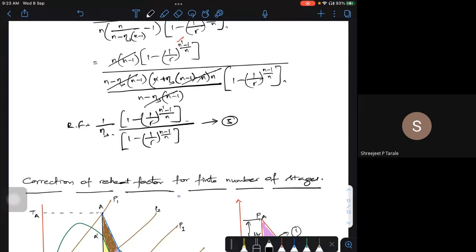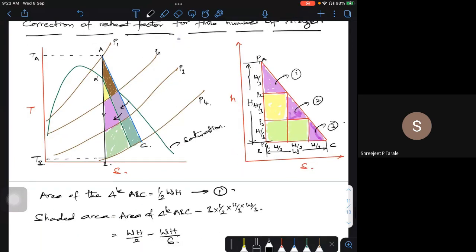The reheat factor for a finite number of stages will be WH by 2, that area, plus some isentropic enthalpy drop. If I go with a reheat factor for a finite number of stages, this is what I am going to get. Then the reheat factor for finite and infinite number of stages is what we need to look at.